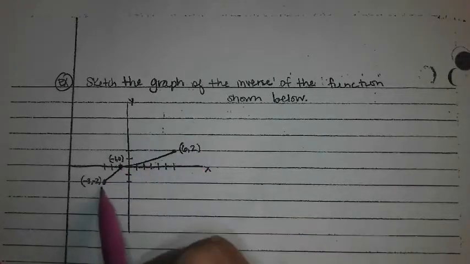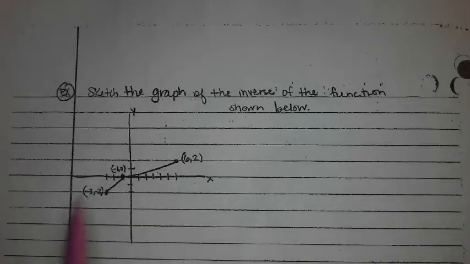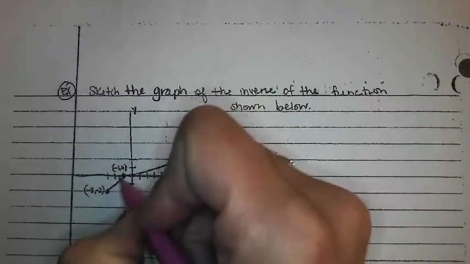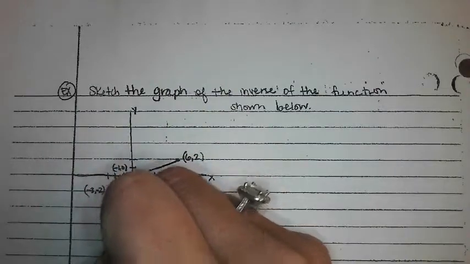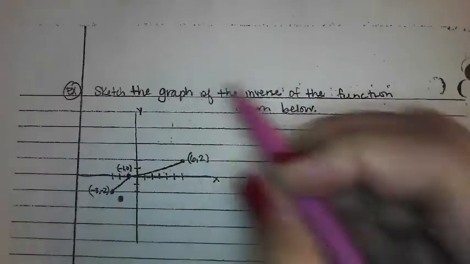So if here's our original function and -3, -2 is a point on that function, then Kendall, what would be the corresponding point on the inverse? -2 what? Yep, -2, -1, 2, 3. Good.